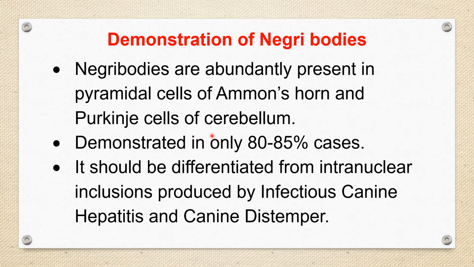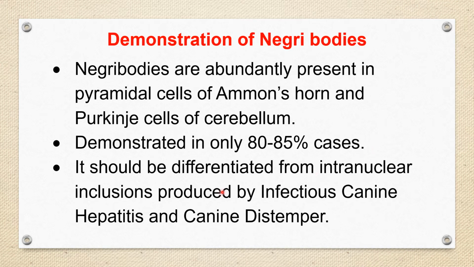Based on this, he will give the diagnosis. But clinicians, remember, Negri bodies are demonstrated in only 80 to 85% of cases. Not all cases of rabies show Negri bodies. Remember again, only 80 to 85% of cases of rabies show the Negri bodies.